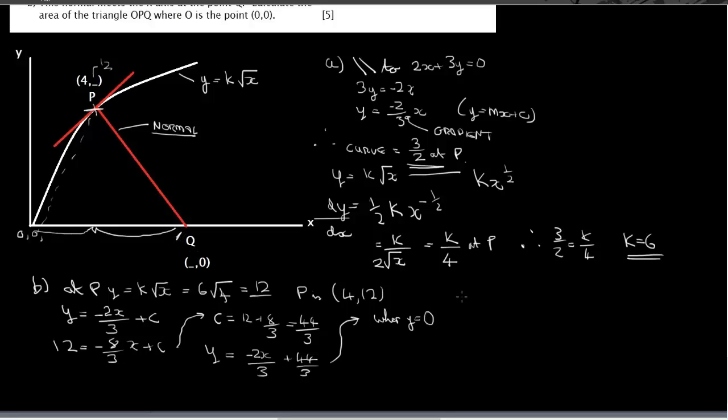When y equals 0, there, 0 is minus 2x plus 44, so we get x equals 22. So, to find the area of the triangle is half base times height. We've got that distance there is 22. Straightforward geometry. We've got that height there is 12.